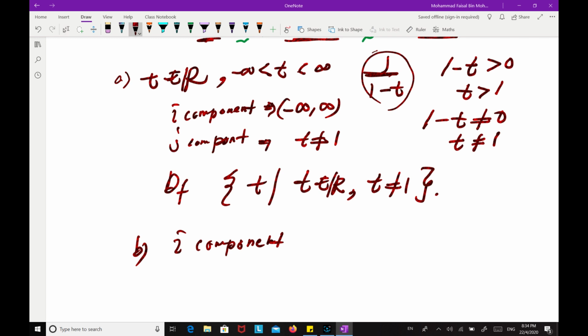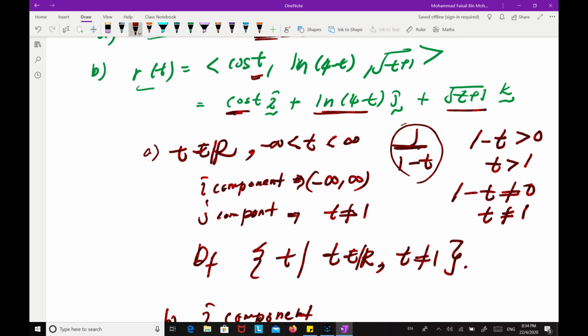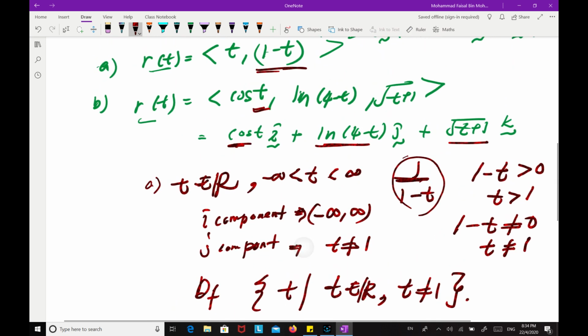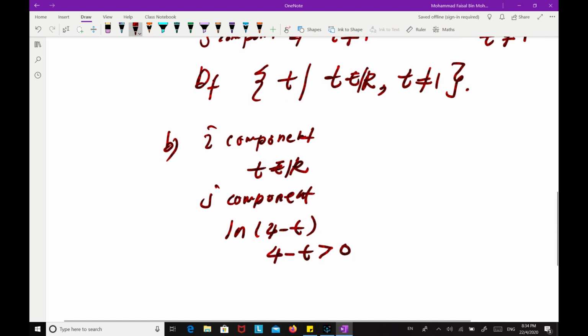So t is any R. Okay, t can be negative, can be positive. And then for j component, ln 4 minus t. So the domain will be 4 minus t more than 0. Remember not to put equal. So this will be t less than 4.